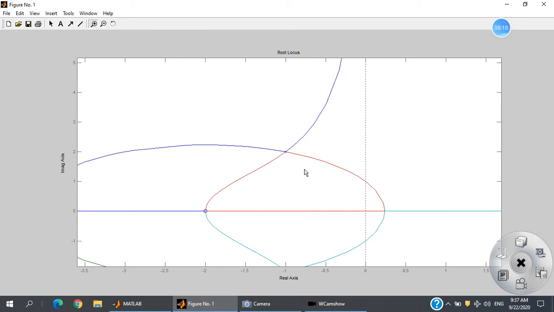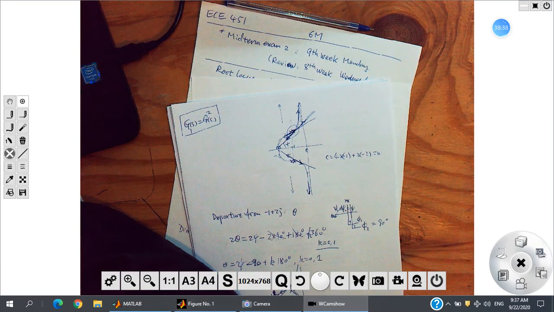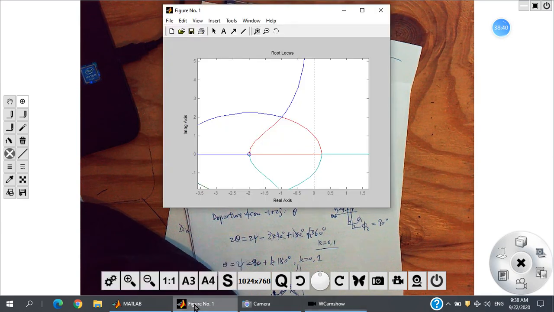These 4 directions, 90 degrees. This one is a departure, and red. This one is also a departure, and going up is a departure. We can compare with what we have obtained.